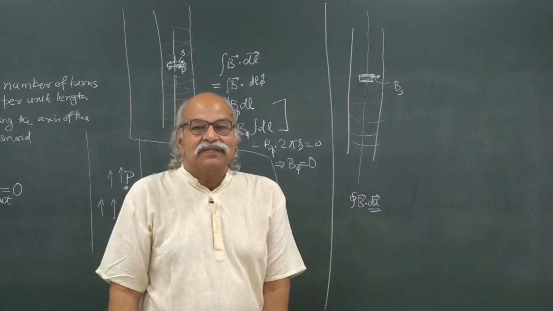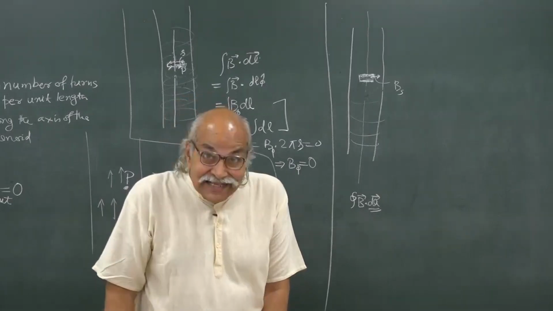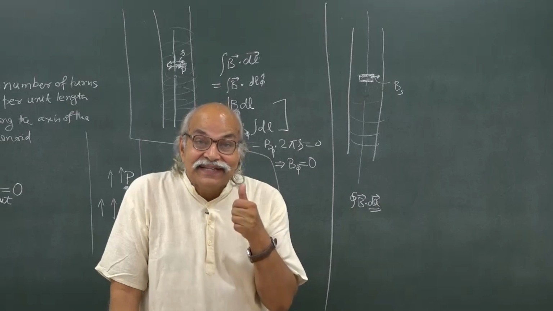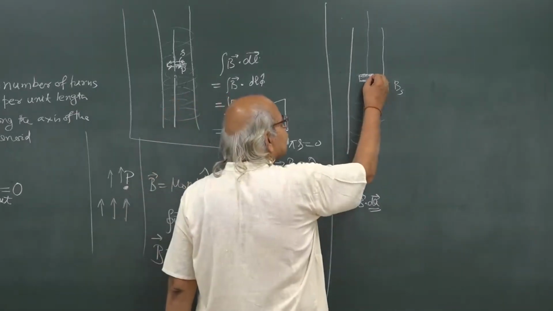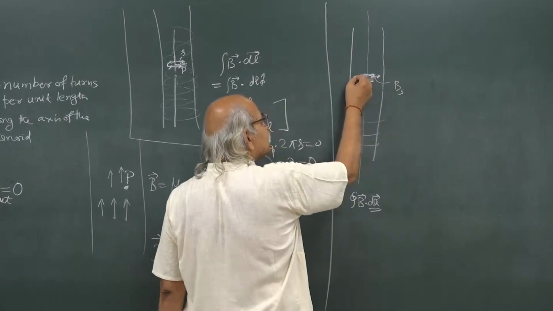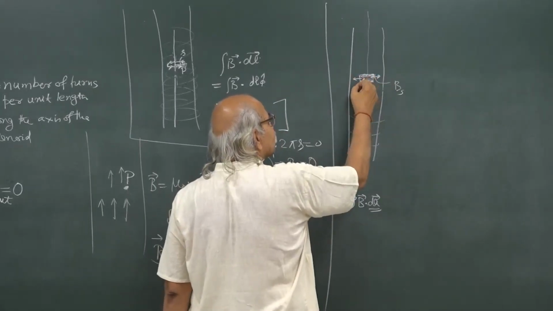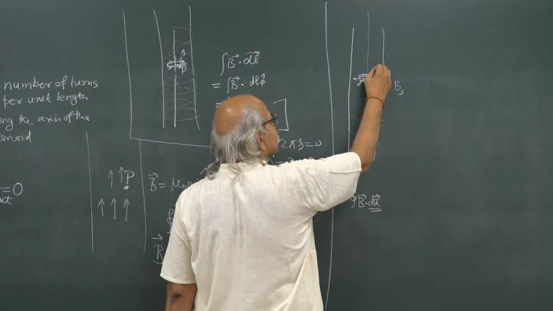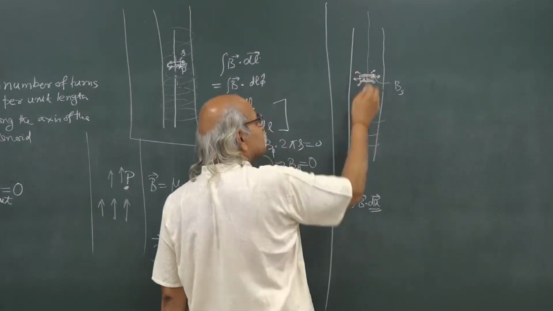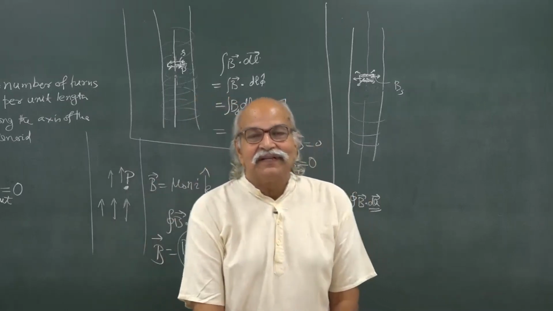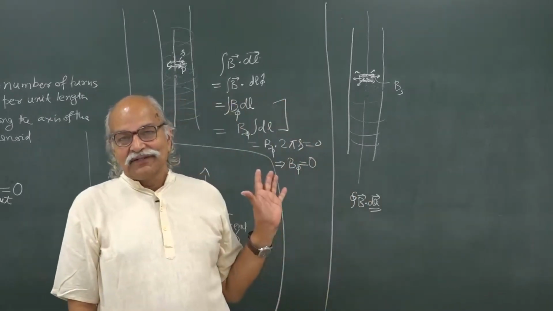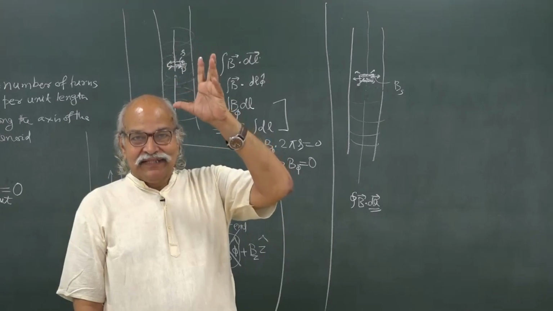Now, see what happens to this S component. If there is an S component and it is away from the axis, everywhere it will be away from the axis on the curved surface. Imagine this geometry is a 3-dimensional figure. I am making it in 2 dimensions, so you will have to imagine it in space.